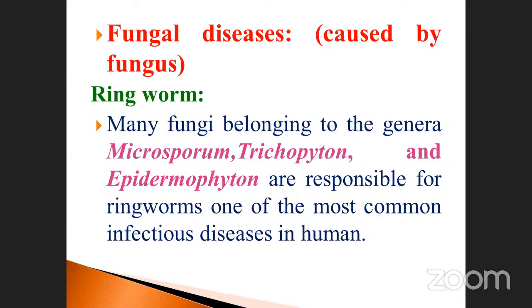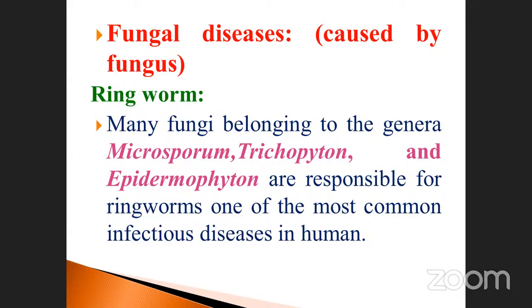Algae, phycology. Fungal diseases are caused by fungus. The first one they have given is ringworm. This is called a disease. This is not a worm. It is caused by fungi. That is the reason. Just imagine what the causative organisms are.